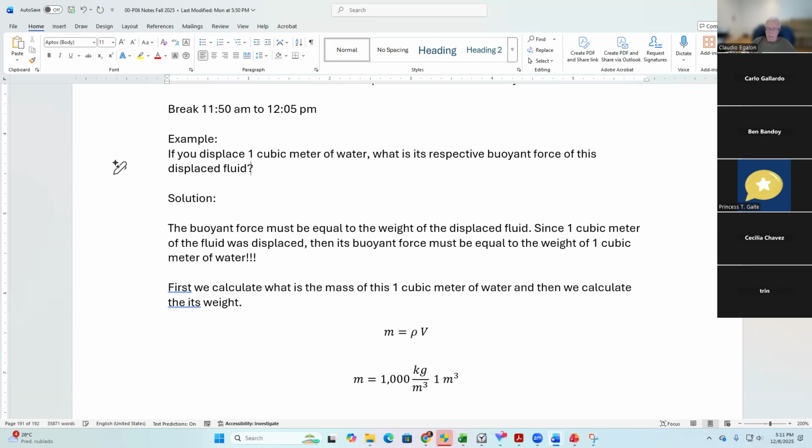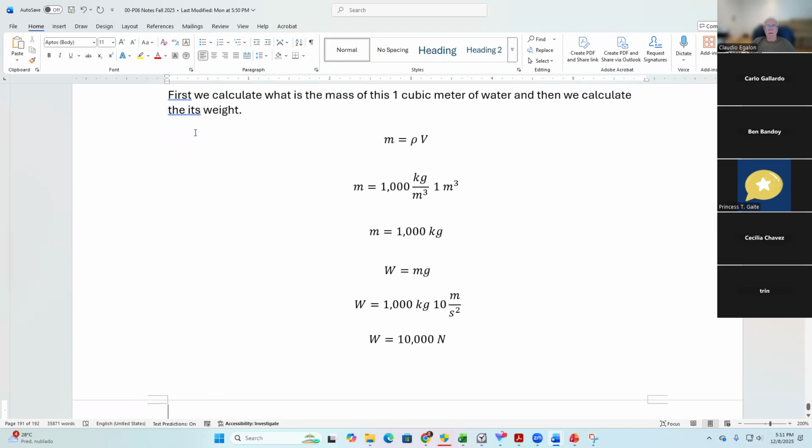It's better, formulated in a clear way, right? Now, 10,000 newtons.